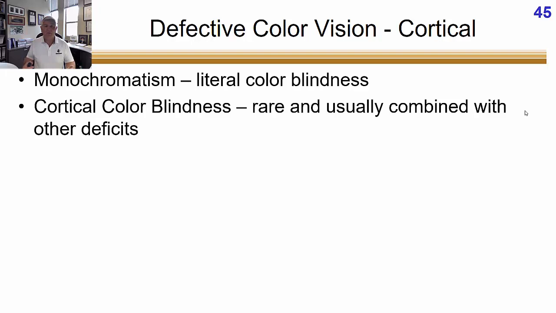You would have to have only one cone photopigment, right? Cortical color blindness is pretty rare because of the way it's organized, right? So blobs in V1 are going to not only be color blindness, but blindness, right? You're not going to be able to see those shapes if you have damage in V1.